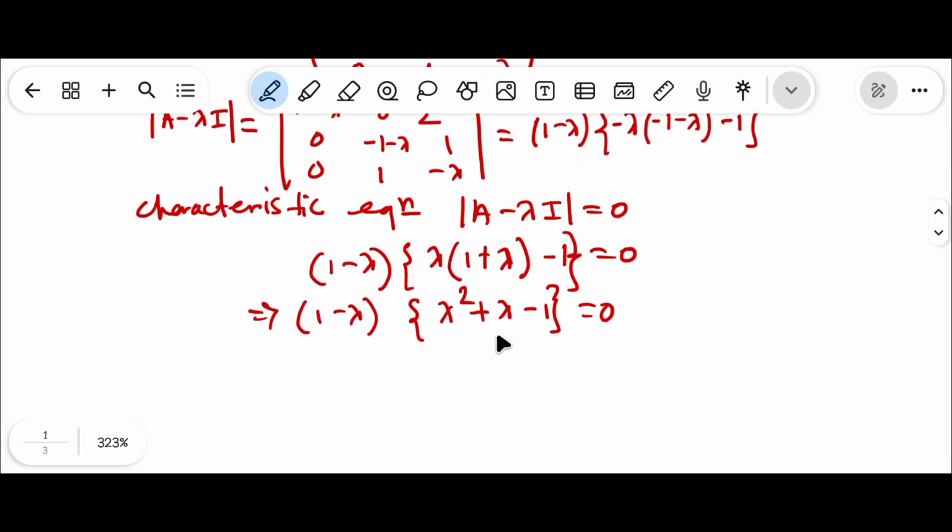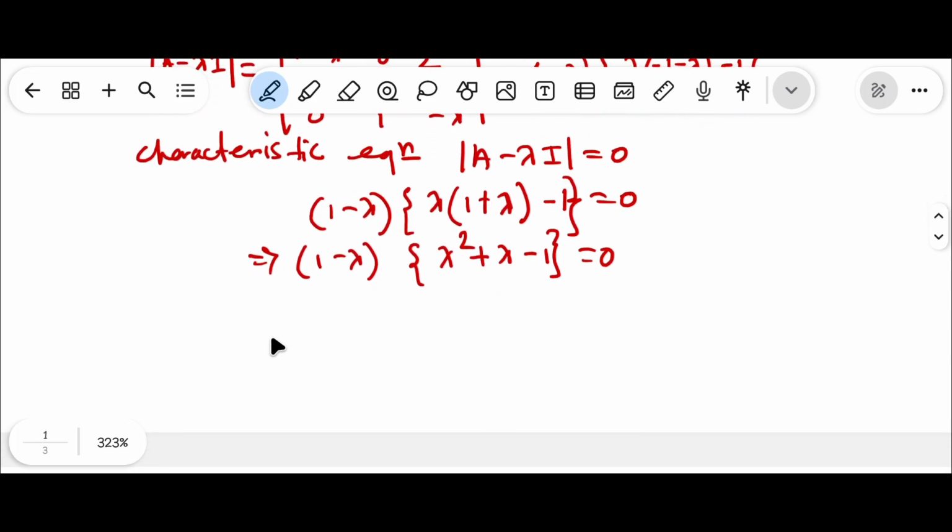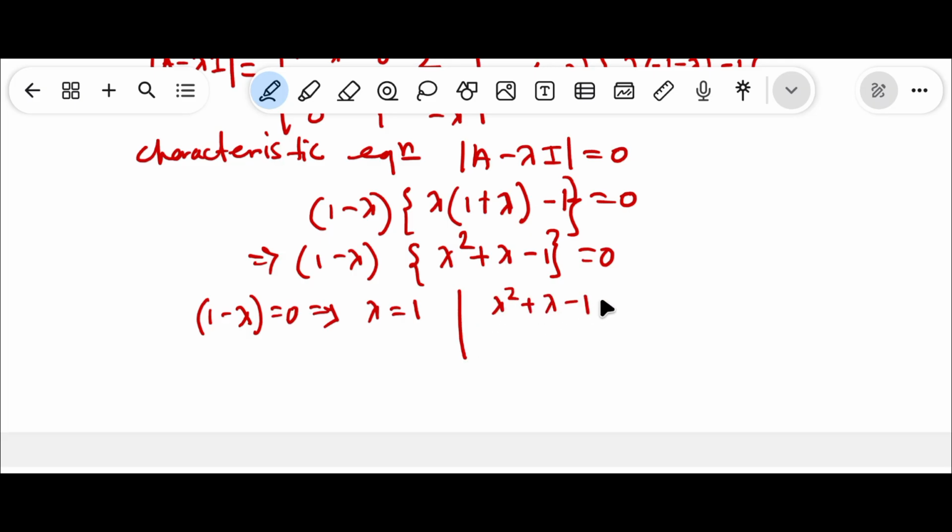Now from here, if we want to find the eigenvalues, then 1 minus lambda equals 0. This gives lambda equals 1. Now for lambda square plus lambda minus 1 equals 0, let us put it into the quadratic formula.